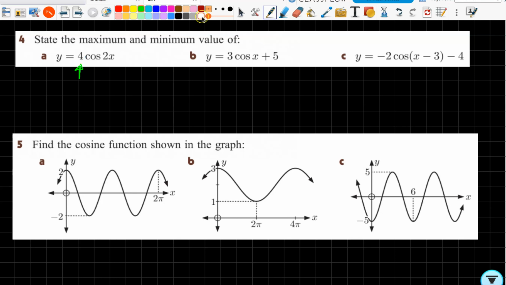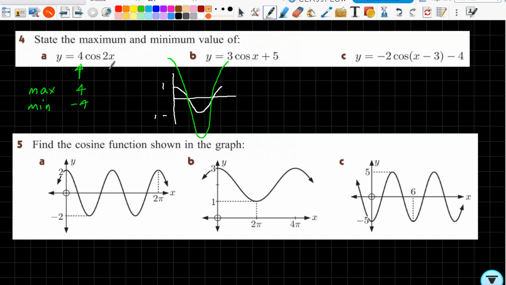So if we had our usual little graph, and you could use your calculators to do this, it goes between 1 and -1. What the 4 is going to do is just stretch it like so. So that's why we know we're going to have a max of 4 and a minimum of -4.